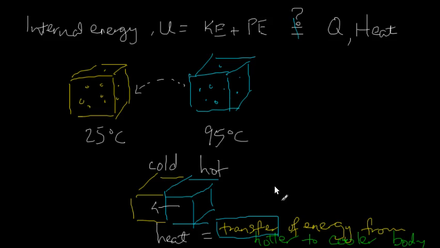Now, while we are here, with this hot and cold object, let's talk about the idea of temperature. If an object is hotter, it has a higher temperature. If an object is colder, it has a lower temperature.